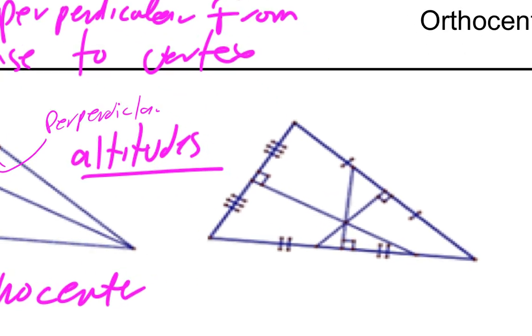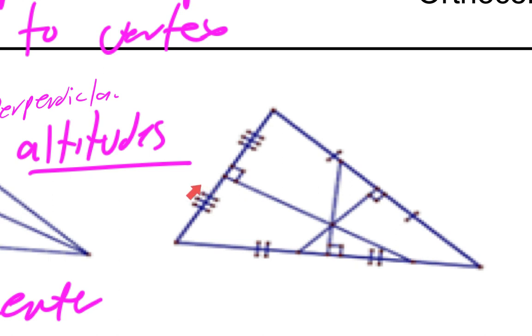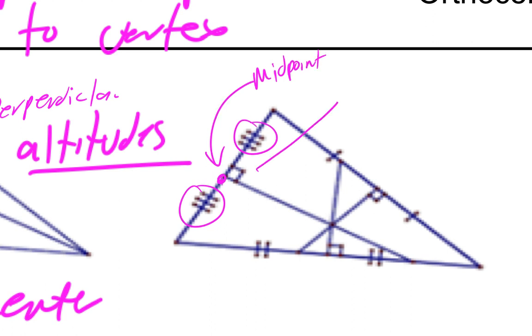Okay, next, let's look at this one. What do we notice about this? Let's look at those hints, right? That tells us that right there is the middle. So if that's the, I'm sorry, not median, if that's the midpoint, and then this tells us that it's perpendicular.